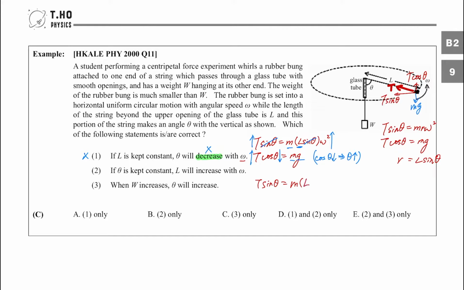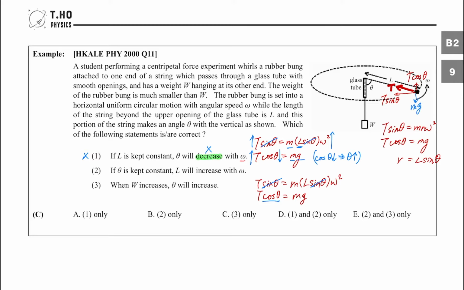Now for the second statement, let me copy the equations governing the motion. Same set of equations. So here it says, if theta is kept constant, L will increase with omega. So we are talking about, of course, the sine theta being cancelled out.